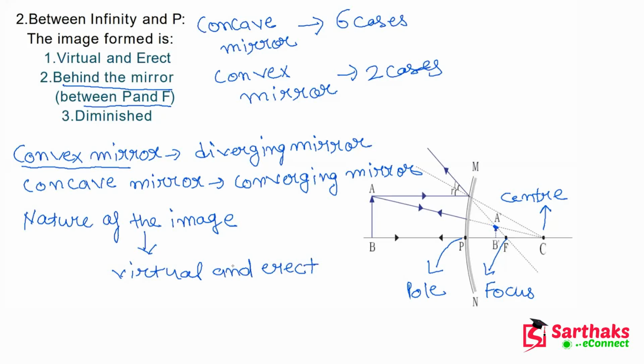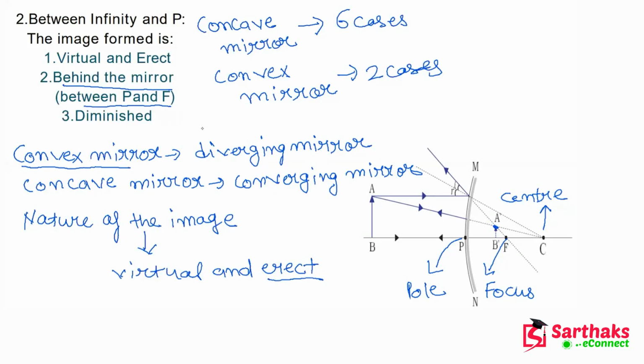I do not need to explain again why this is virtual, because it is very simple. It can be shown explicitly that the rays are not actually meeting here. They only appear to meet at this point. That's why the nature of the image is virtual, and virtual images are always erect. You can see that here the image is upright. That's why it is erect.